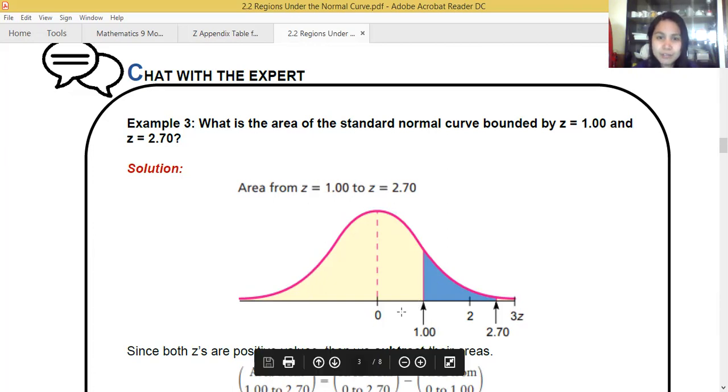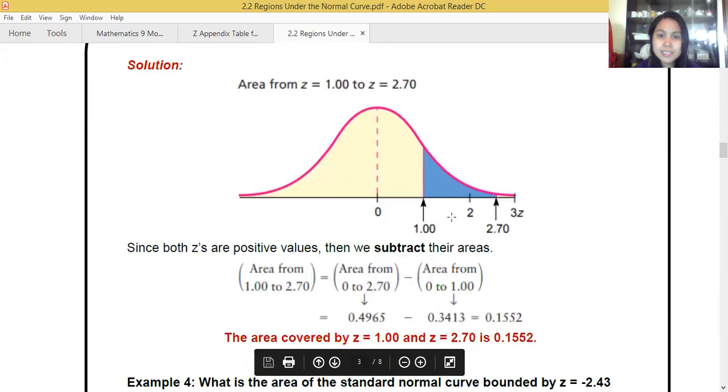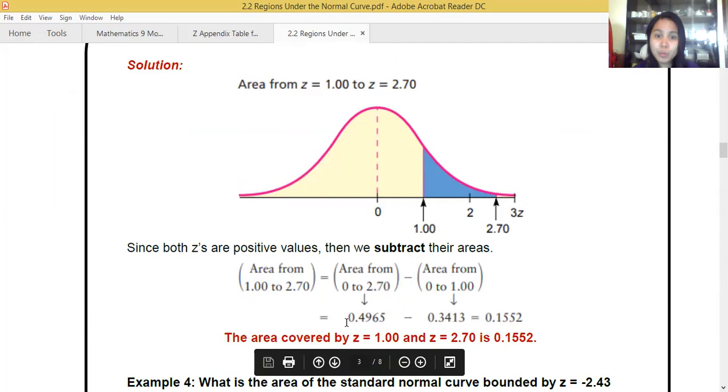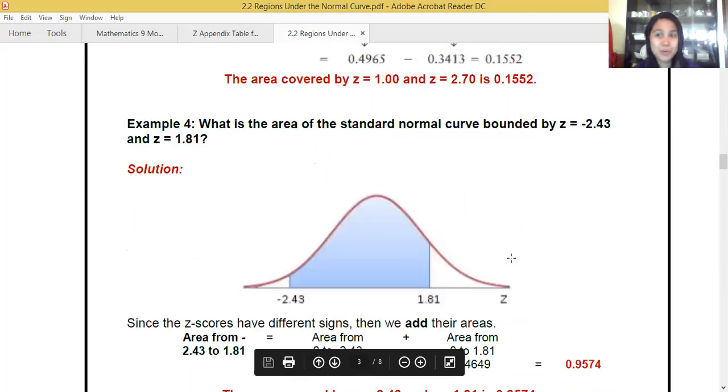So the area from 0 to 2.70 is 0.4965. The area from 0 to 1 is 0.3413. We subtract them, the answer is 0.1552.